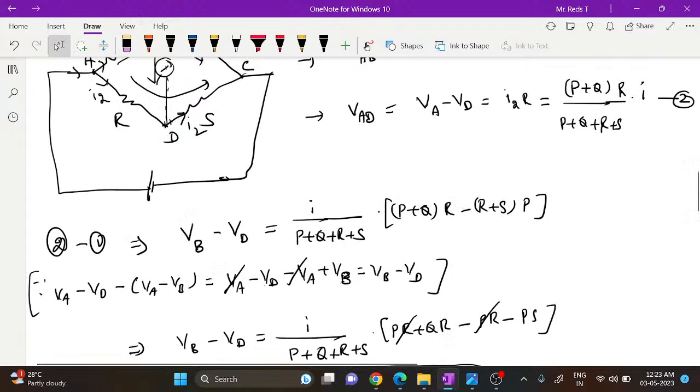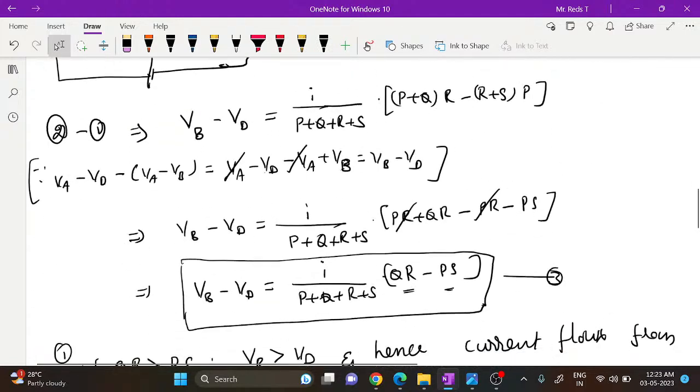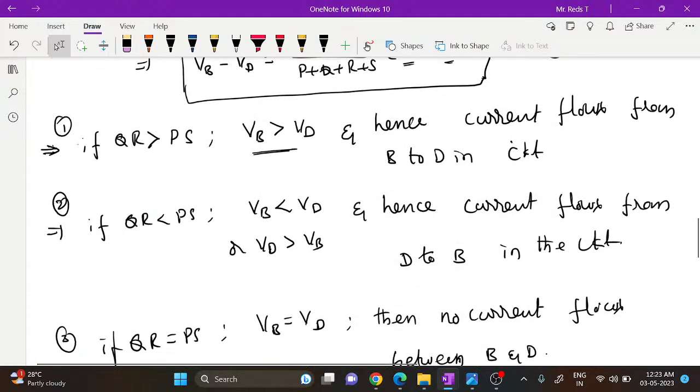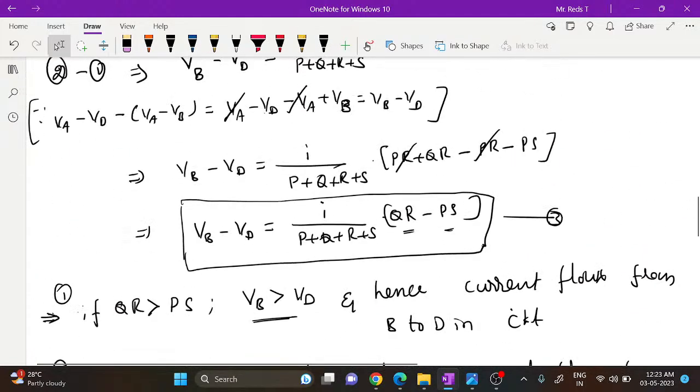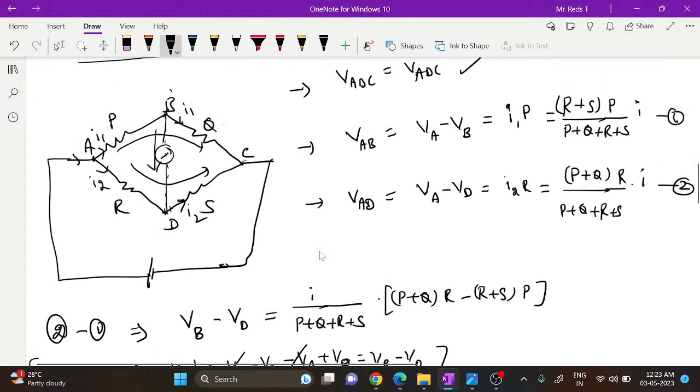So if QR is greater than PS, where is Q, where is R? QR is the cross product of the diagonal elements.